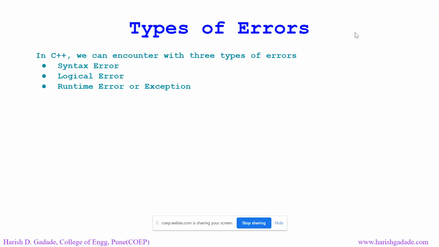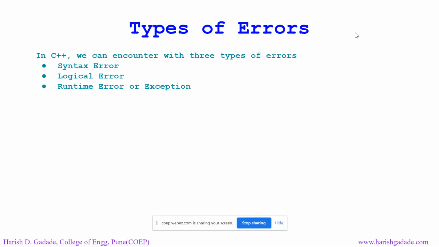Everyone has an idea about the syntax error, because if you are just learning a programming language, that is the first error that normally comes in front of us. The most common example is missing a semicolon, and the compiler shows that error.